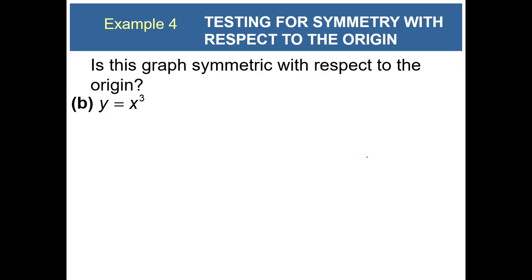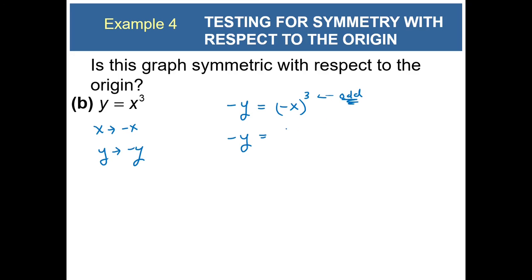Is this graph symmetric with the origin? We'll have to check by replacing x with negative x and replacing y with negative y. Negative y equals negative x cubed. And again, I'm careful with the parentheses just in case it changes the sign. Negative x cubed is not going to change the sign because this is an odd number.